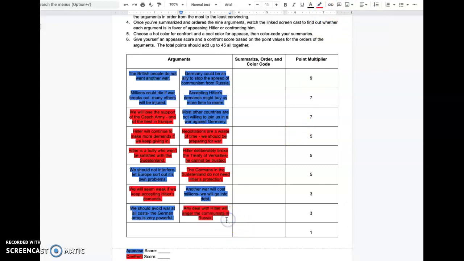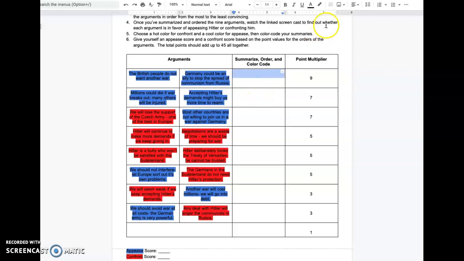communists. Now, what you're going to do is color code your arguments based upon which of these you used. So if you used this argument as your number 1, then you would color code the number 1 spot, and then you're going to give it a score.